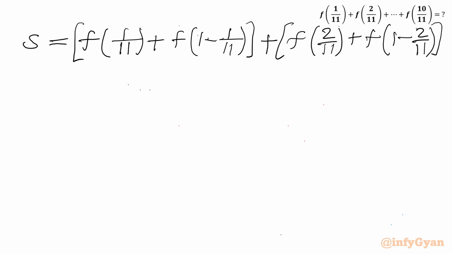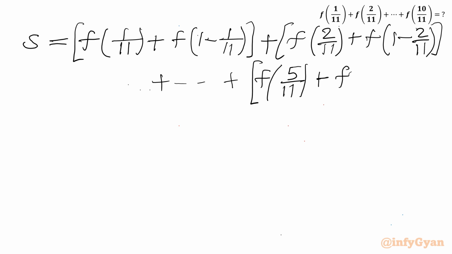In the same way, I will write our last combo. It will be f of 5 over 11 plus f of 1 minus 5 over 11, which will be 6 over 11.